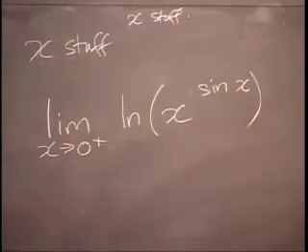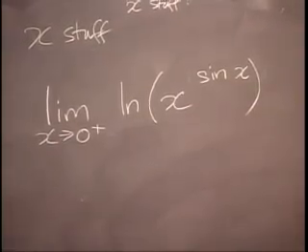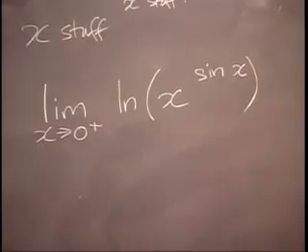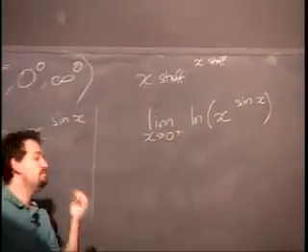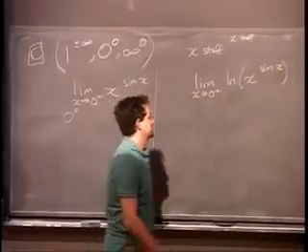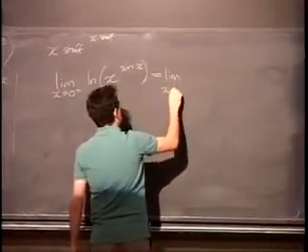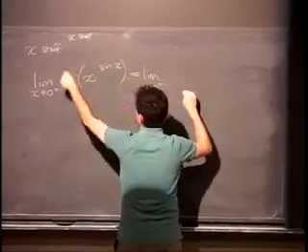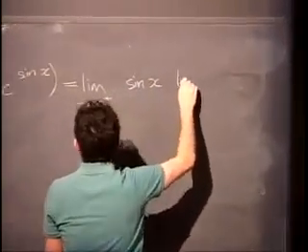So, okay, logarithm of x to the sine x. Let's just solve this problem. The beauty of the logarithm, of course, is it knocks the exponent down out the front. So the sine x comes whistling down outside the log, and you get sine x log x.